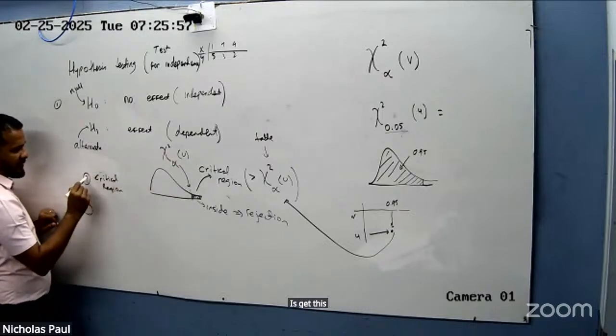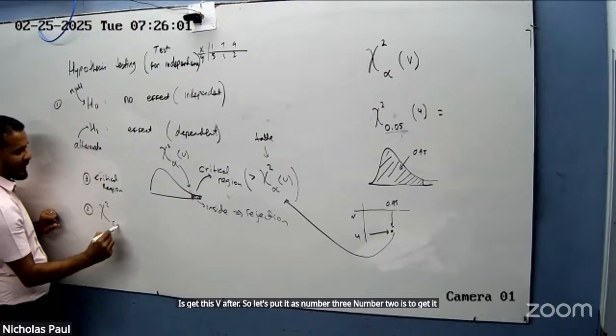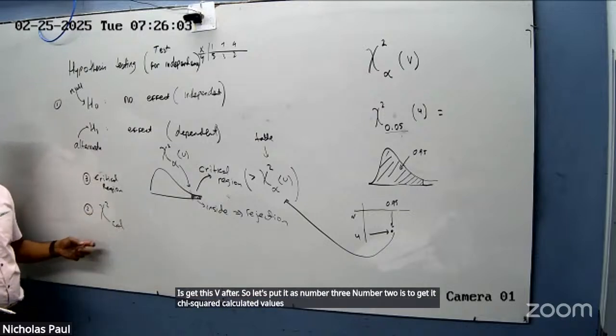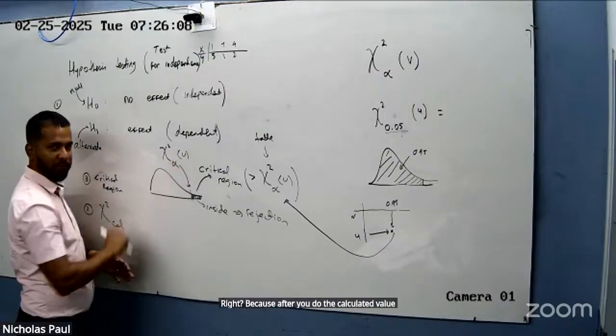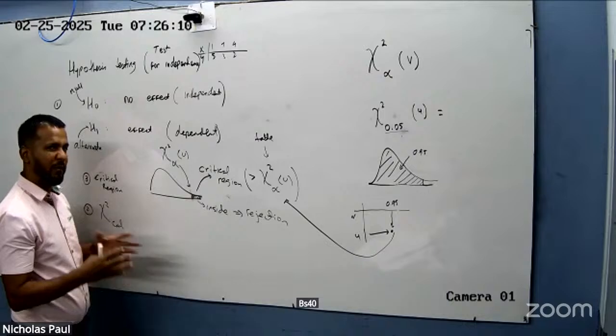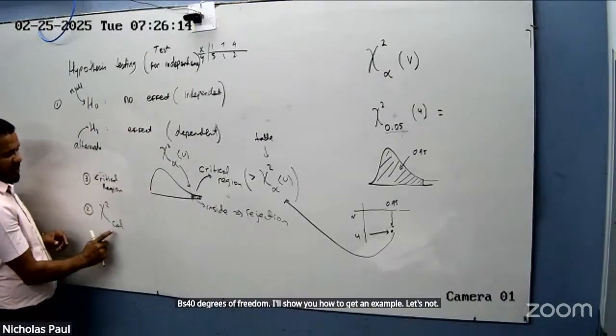So let's put this as number 3. Number 2 is to get the chi-squared calculated value. You normally do this second, right? Because after you do the calculated value, that will help you figure out V. V is called the degrees of freedom. I'll show you how to get that in an example lesson now, right? So technically, you need this first.